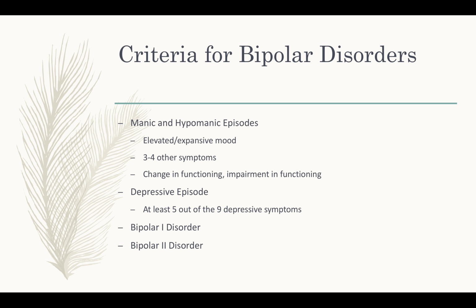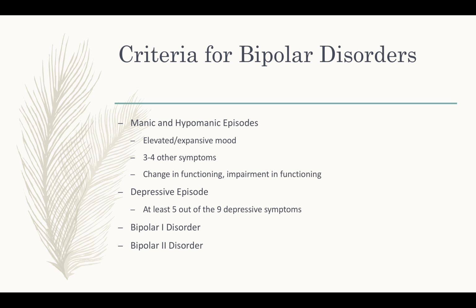Now, with that said, there are 2 diagnoses of bipolar disorder, so bipolar 1 and bipolar 2. Now, what's the distinction? Bipolar 1 is where the person is experiencing full manic episodes, lasting for at least a period of a week. Okay, so those extreme levels of energy, euphoria, those types of things.